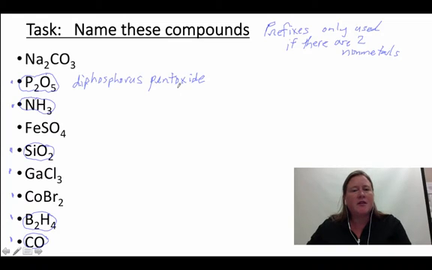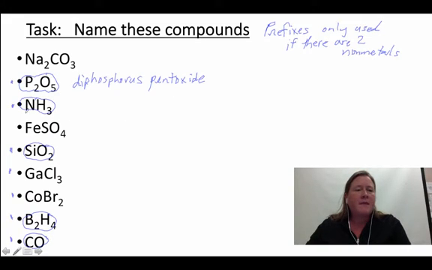Pentaoxide is a bit cumbersome, so if there are 2 vowels that end up next to one another, typically we drop the A. Okay, diphosphorus pentoxide. Remember that the first element remains the same name with the prefix, and the second element ends in IDE.